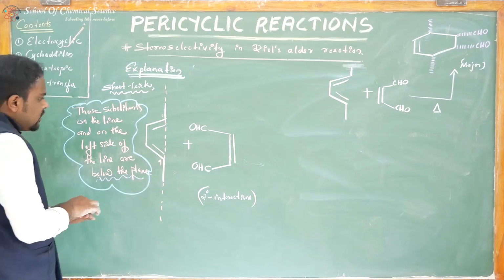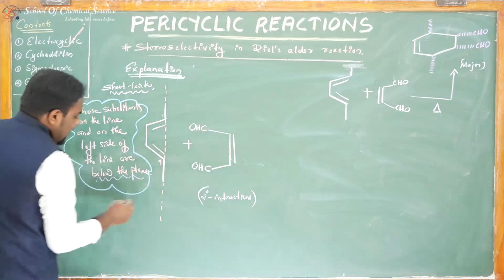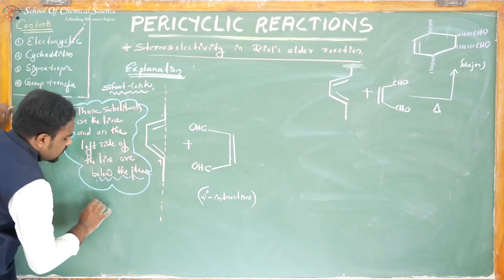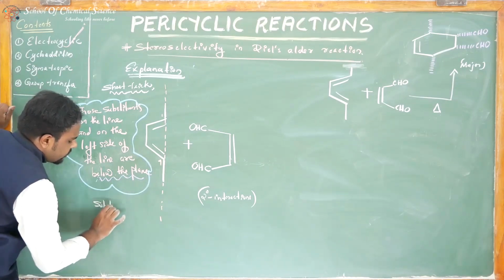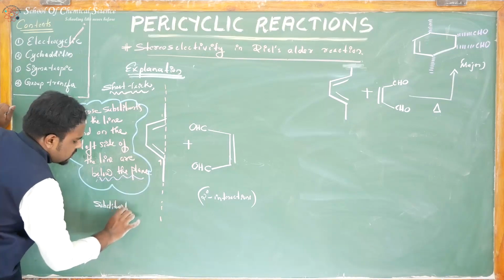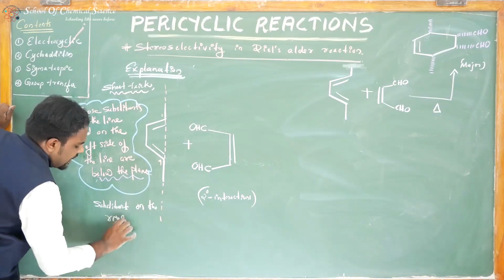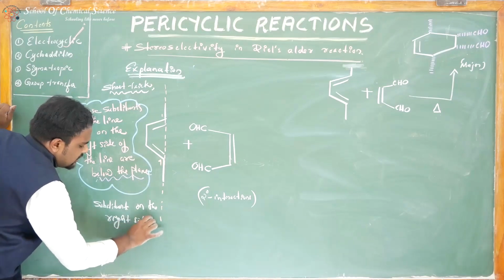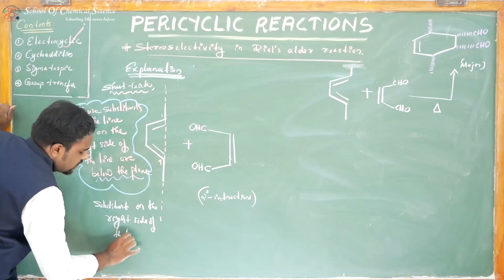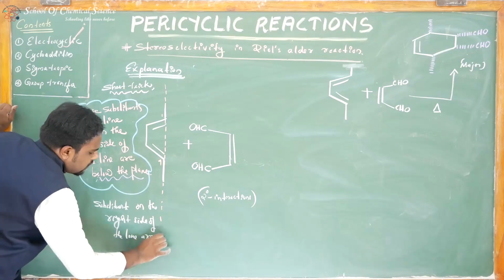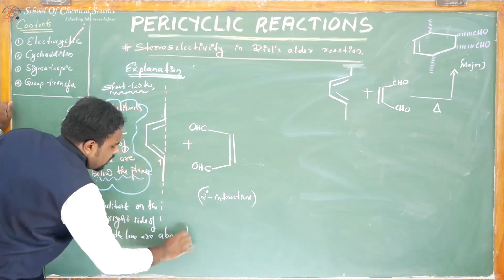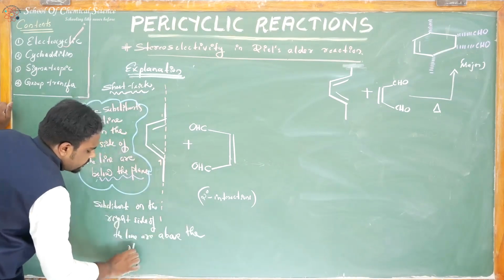Then those substituents on the right side of the line are above the plane.